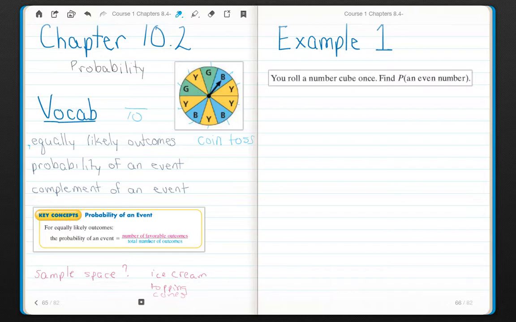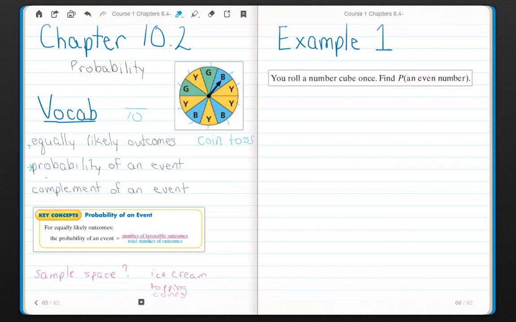But if I look at the yellow, it's 5 out of 10. 1, 2, 3, 4, 5 out of 10. So these are not equally likely outcomes. The chance of me getting yellow is much higher than me getting green, simply because there is more yellow than green. We call this the probability of an event.